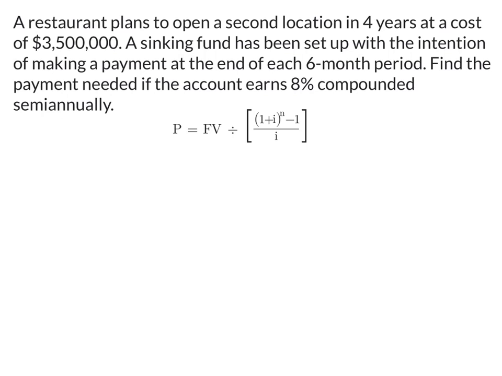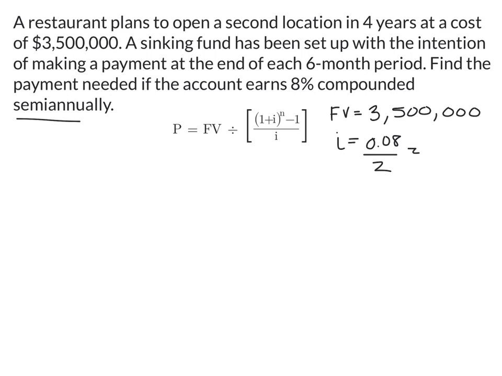So the future amount, or the total amount needed, is $3,500,000. I, the interest rate per compounding period, is 0.08, and we're going to divide that by 2 since it's compounded semi-annually.